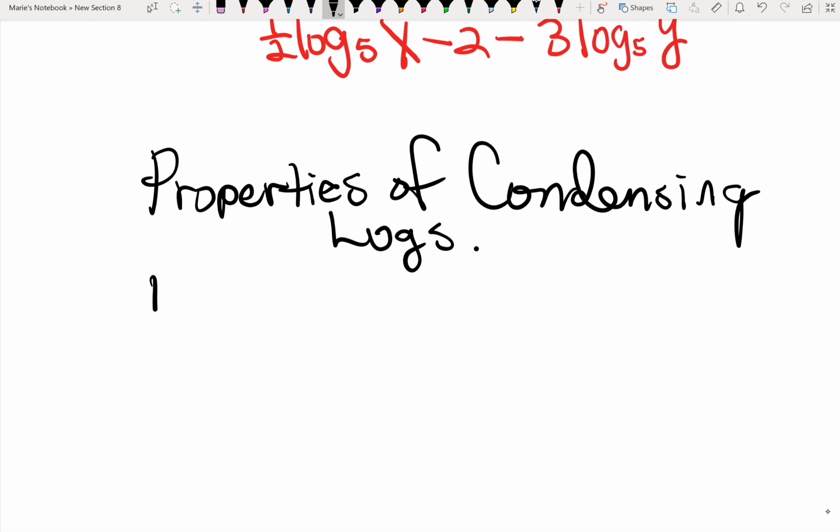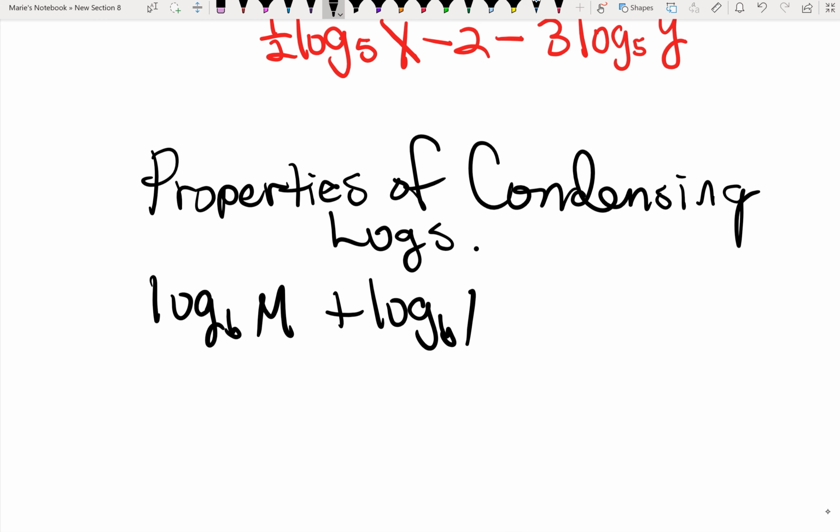Basically it starts with log base b m plus log base b n is equal to log base b of m times n.